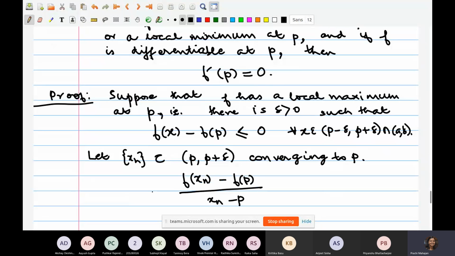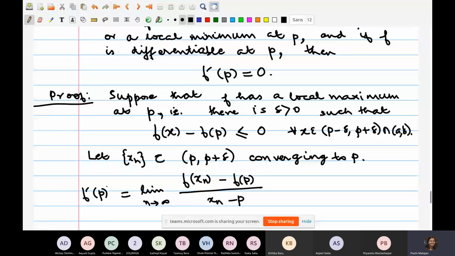If I take the limit as n tends to infinity, what is this limit? This limit is just the derivative of f at the point P. We are given that the derivative exists, so no matter how we approach the point P, the limit should exist and tend to the same value.